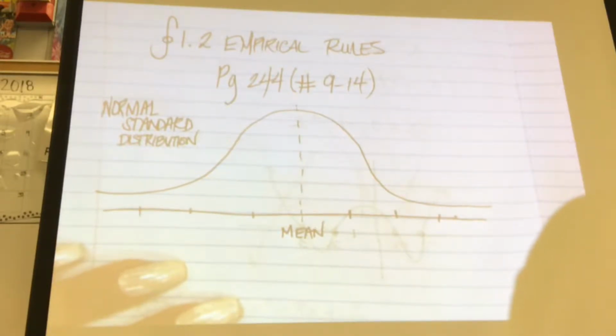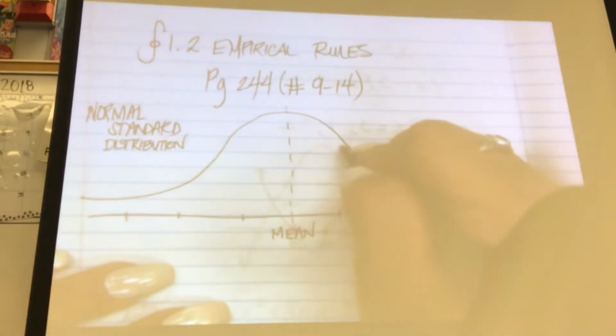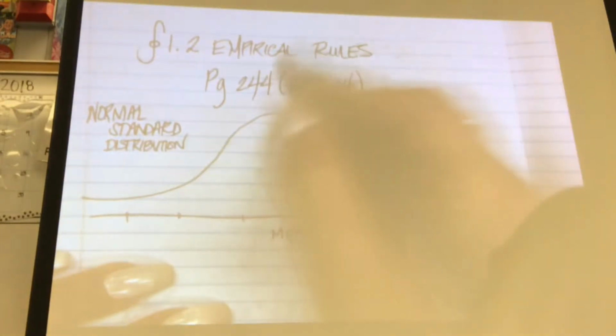Normal standard distribution gives us an approximation of how much is under this bell curve. So please make dotted lines after the first standard deviation to the left and to the right.